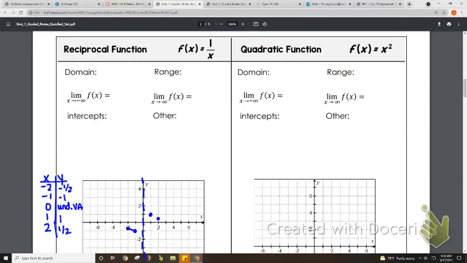Now, our graph, when I play connect the dots, is going to be shaped by that asymptote, and then it's going to go this way, and we'll talk about why it's shaped like that in a few minutes.